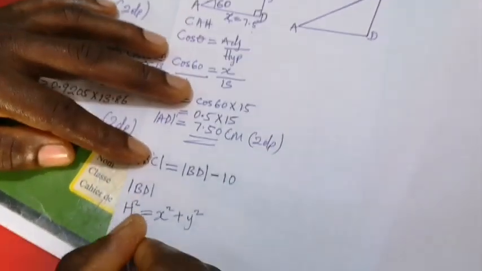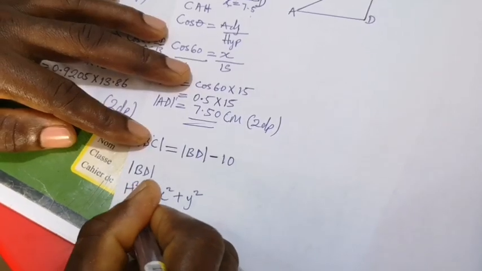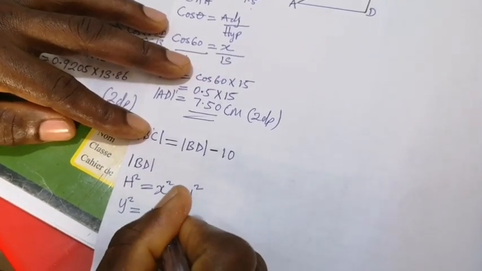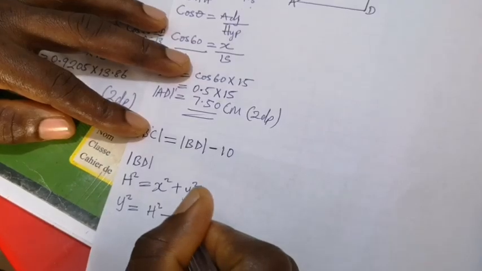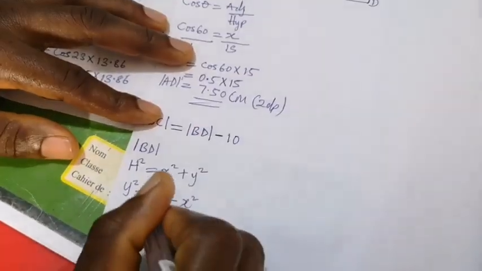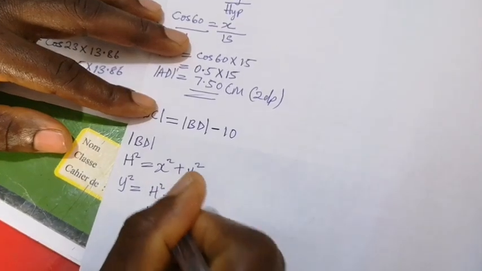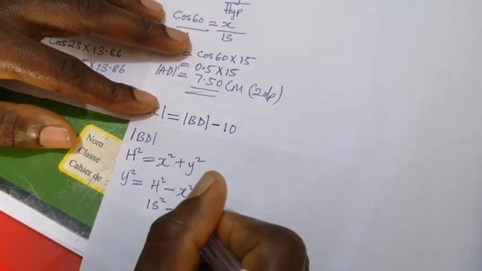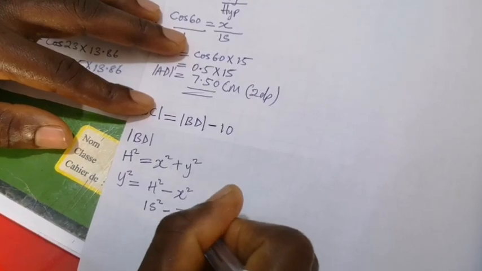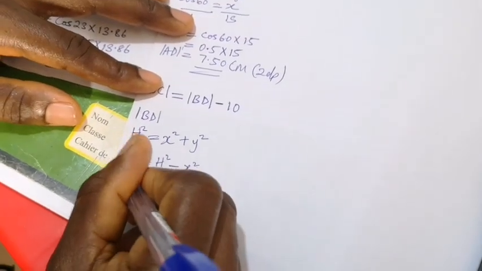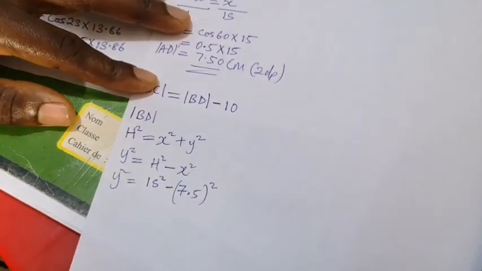Now, for us to find y, we have to make y the subject of the equation, which will give us h squared minus x squared. Now, our h, which is the hypotenuse, is 15 squared minus x, which is 7.5, all squared, okay, is our y squared, okay?